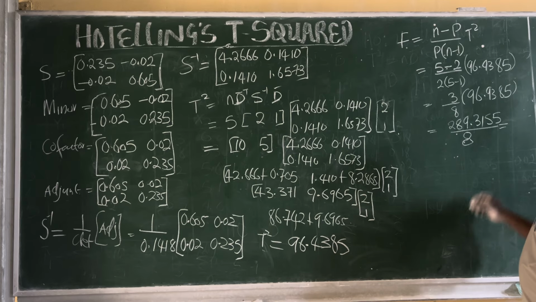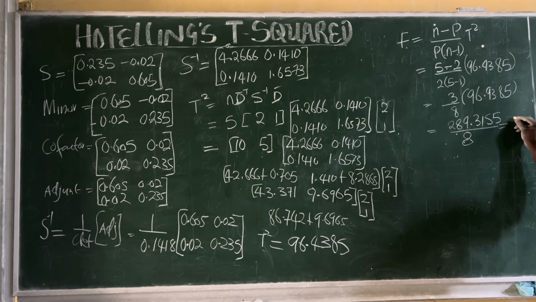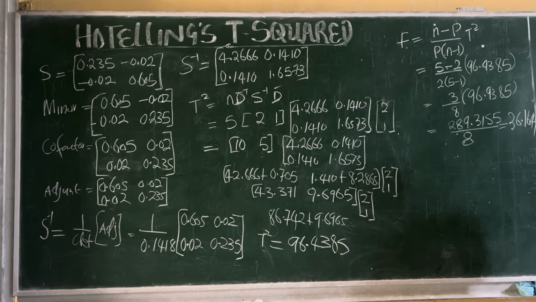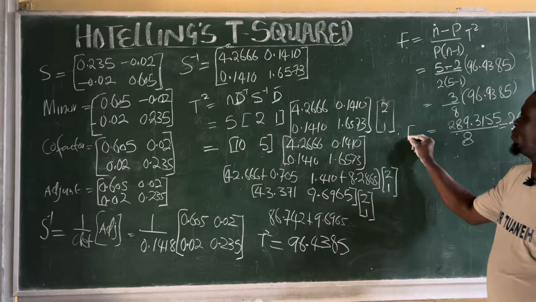That will be equal to 36.1644. So our F is 36 point something.